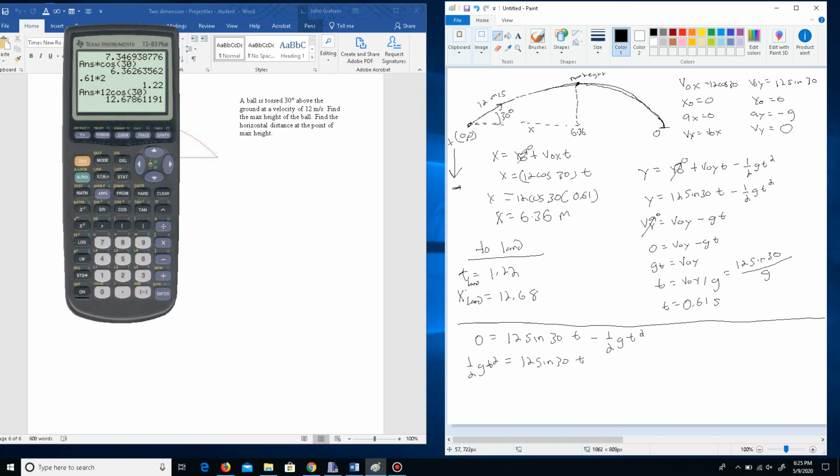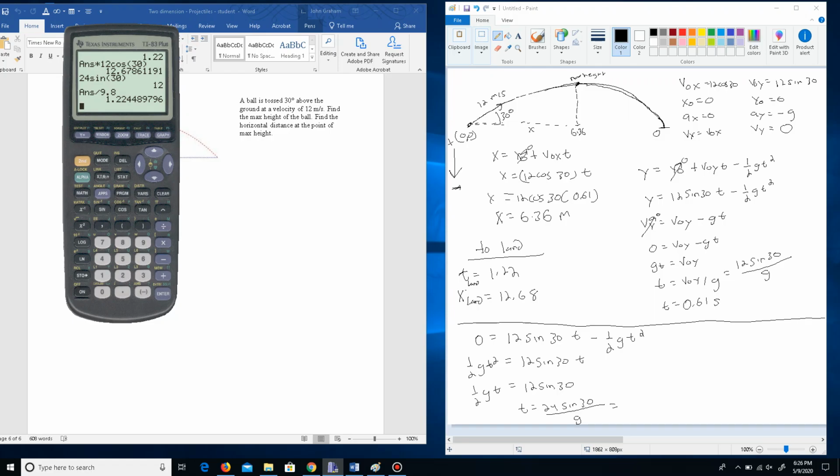Cancel a t. So you have 1/2 gt equals 12 sine 30. And then solve for t. So t equals 24 sine 30 over g. Which gives me the 1.244.